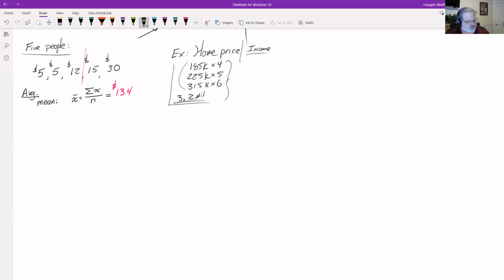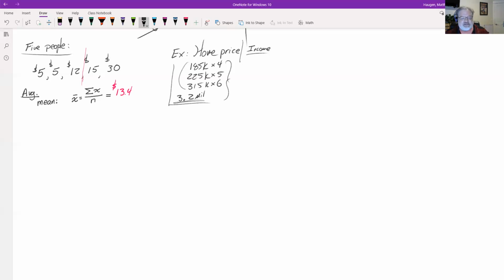Say most of the people in your state make around $50,000 or $60,000 a year, but then there's those couple of CEOs that are making $10 million a year. Again, what's that going to do to your average income? It's going to do that same thing. It's going to jack it way up. And you'll see people say things like, hey, the average income in our state has gone way up.